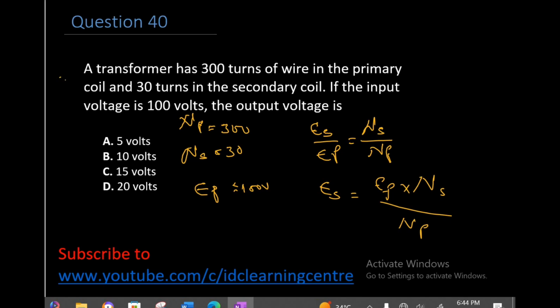So substituting the values into our formula now, our ES is going to be 100 times 30 all over 300. So now the secondary voltage, which is ES, 100 multiplied by 30 will give us 3000. When you divide it by 300, you're going to have 10. So 10 volts is the voltage at the secondary coil. So that means our answer for this question is option B.